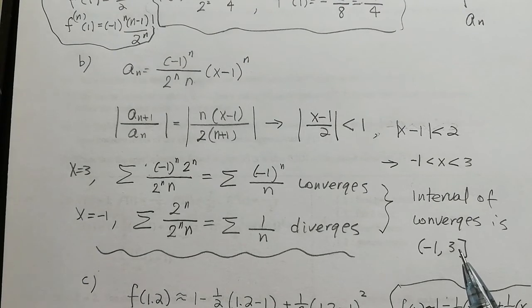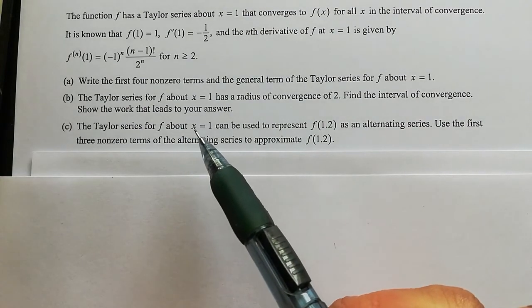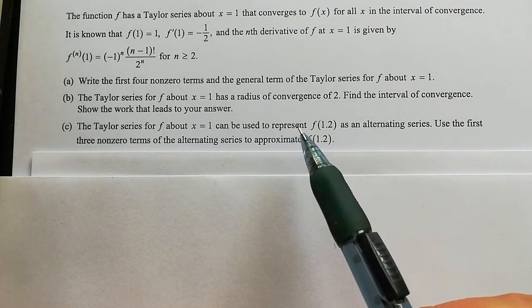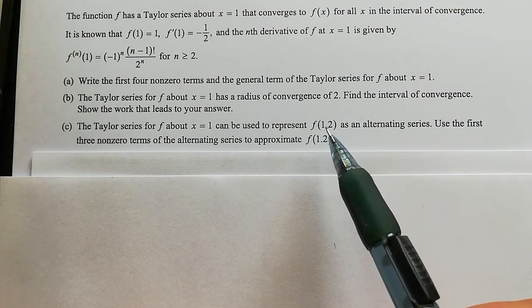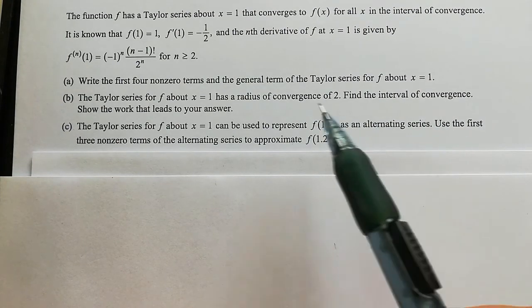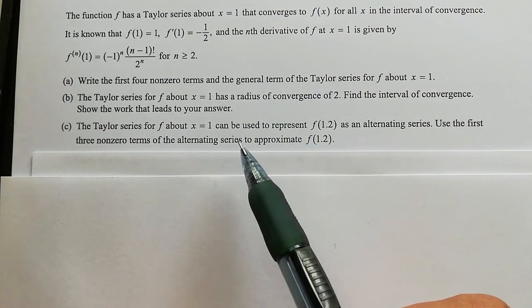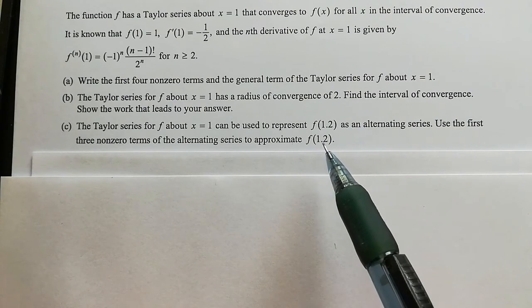So 3 is included. For part C, the Taylor series for f about x equal to 1 can be used to represent f of 1.2 as an alternating series. Use the first 3 non-zero terms of the alternating series to approximate f of 1.2.